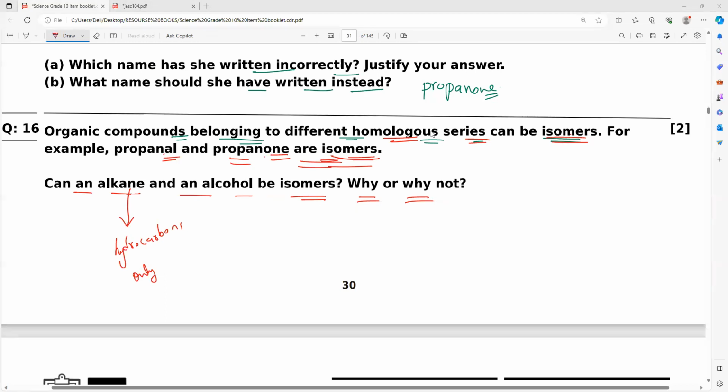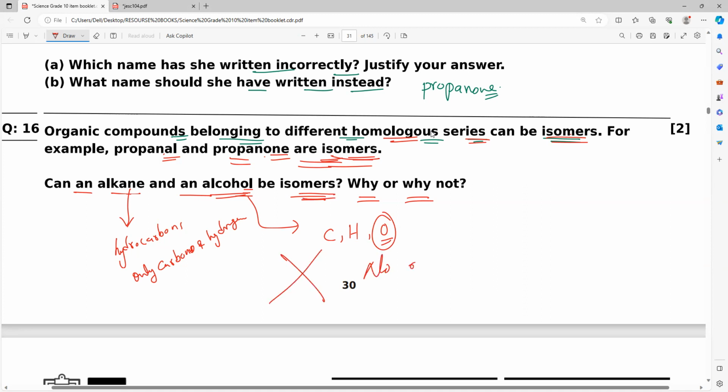So alkanes contain only what, everybody? Only carbon and hydrogen alone. Now alcohol, along with carbon and hydrogen, also contains what? Alcohol definitely contains oxygen. Then can they be isomers, they are asking. It is not possible, because alkanes will never have oxygen.